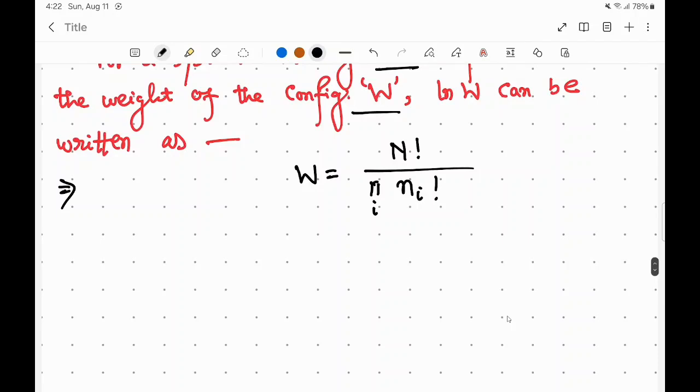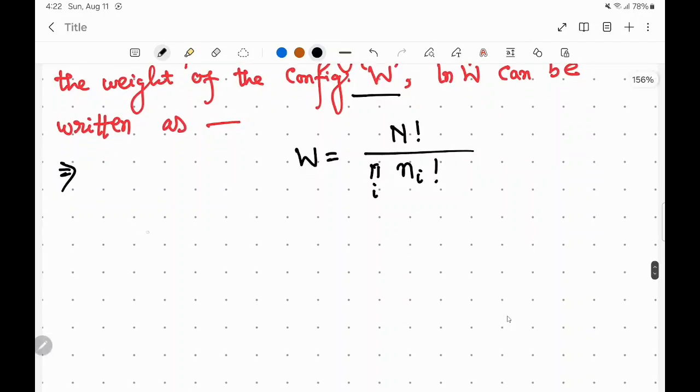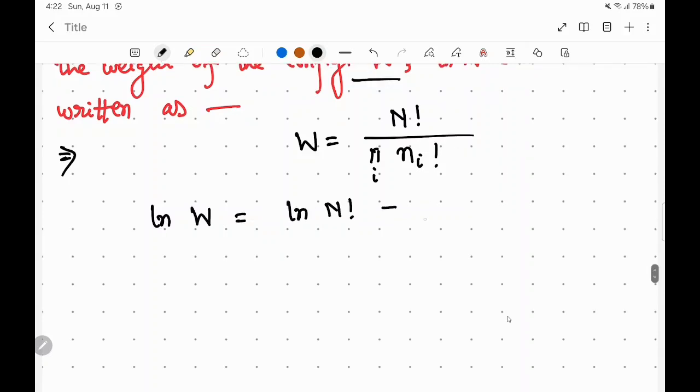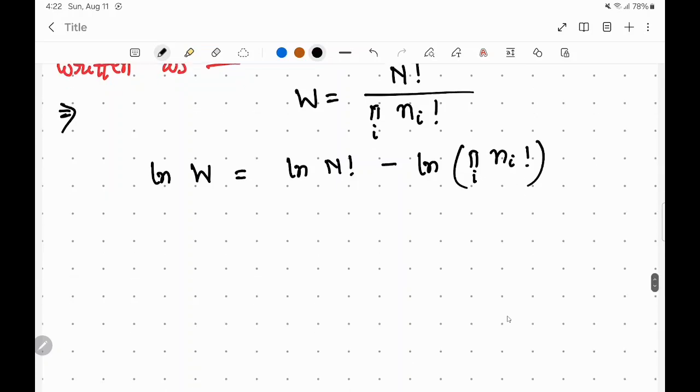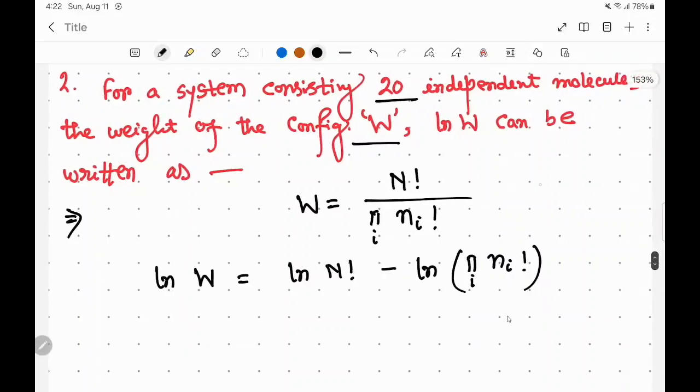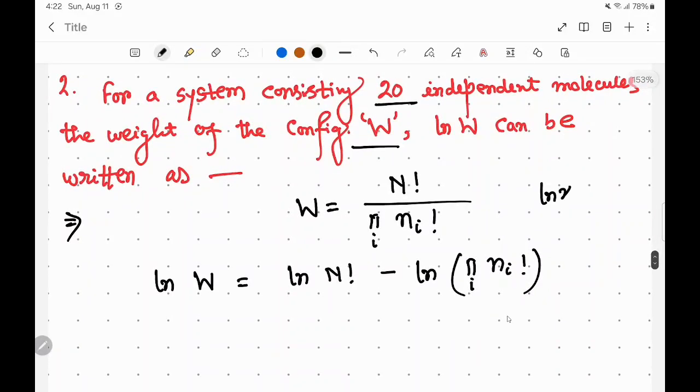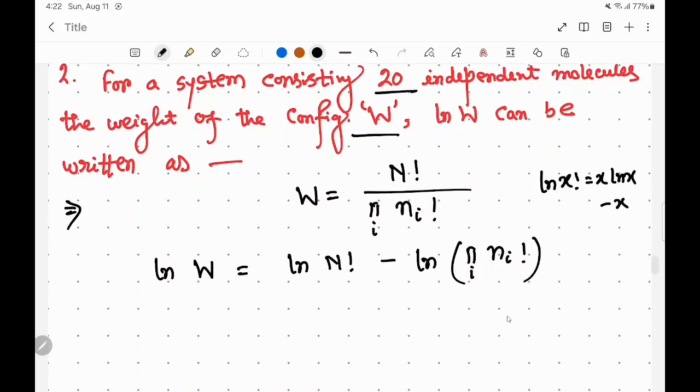Okay. So now we have to calculate ln W. What will be ln W? You can write ln N factorial minus ln of the product over i of N_i factorial. So now here we can apply the Stirling approximation that ln x factorial equals x ln x minus x.